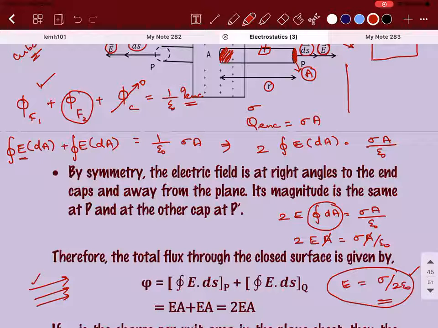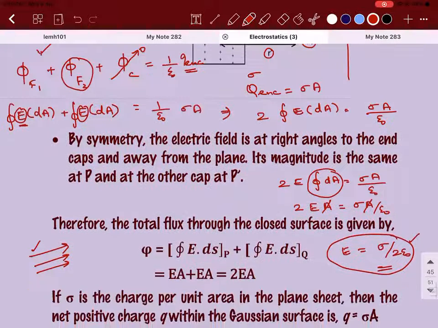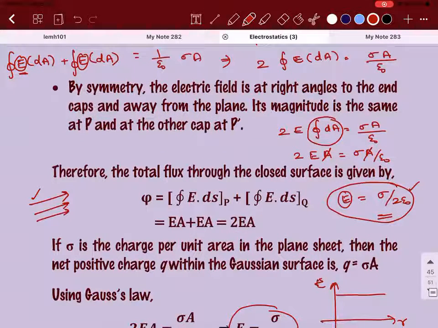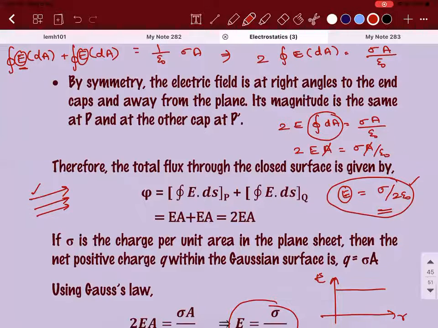E stands for the electric field due to each side of the plane sheet. So this is one E due to one side of the plane sheet. This is another E due to the other side of the plane sheet. So what is the value of E that you got? That is sigma by 2 epsilon naught. So that is the electric field due to one side of the sheet. That is the meaning I'm trying to say.